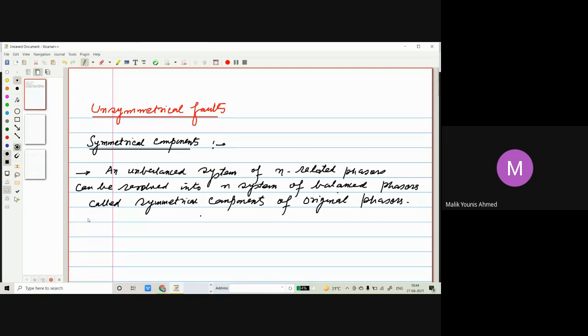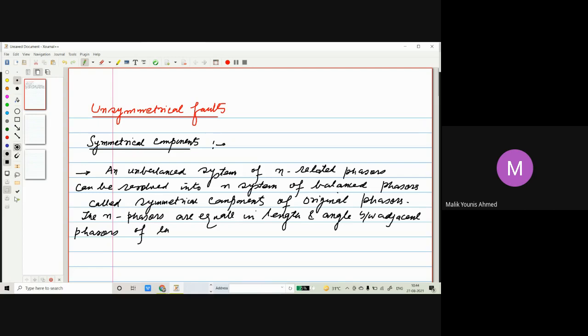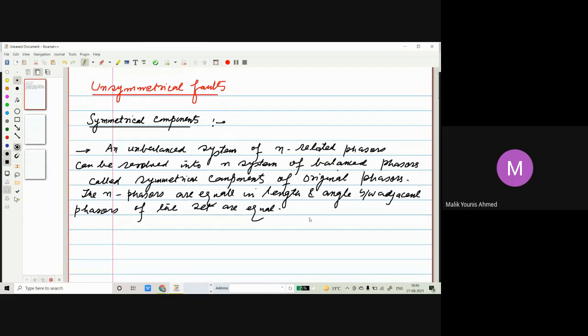Those n phasors will be equal in length, and the angle between adjacent phasors of the set will be equal. The phasors will have equal length, and the phasor next to one, adjacent to it, will be at some angle, 120 degrees if it's a three-phase system.